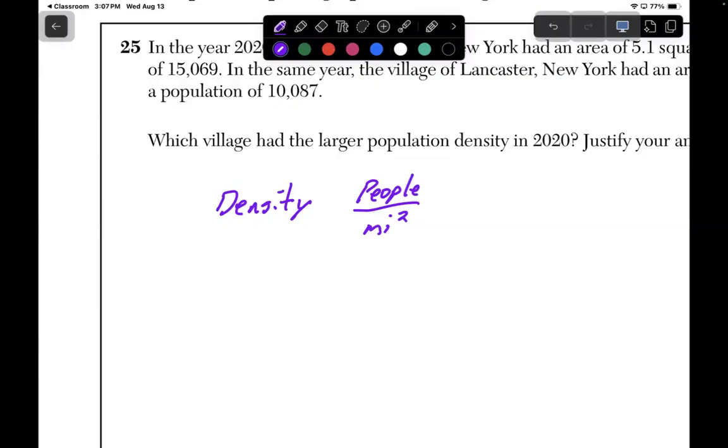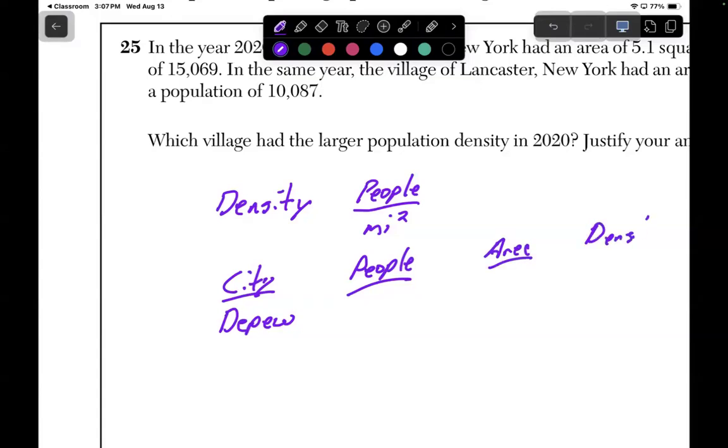So first of all, we had Depew. So we have city, people, area, and then density. And you're going to do people divided by area.